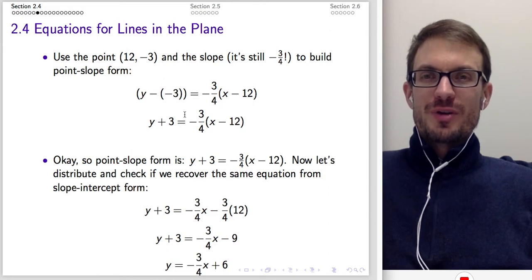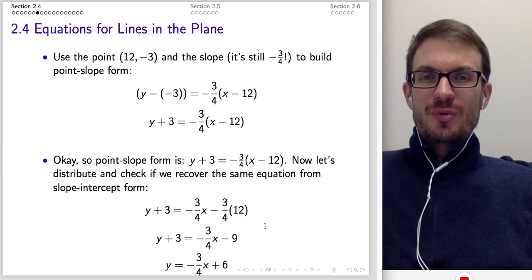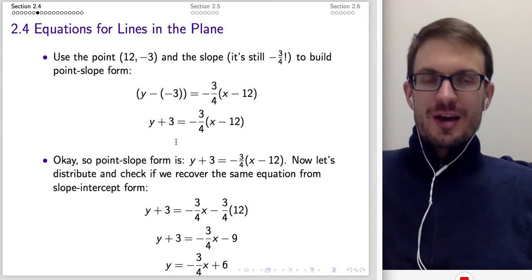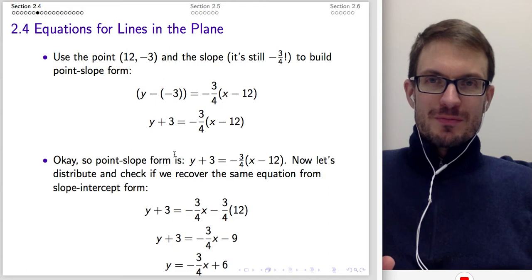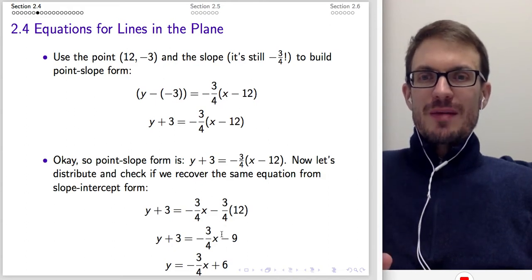So that's not always pretty to look at, and maybe we're interested in seeing if this actually matches what we had earlier. So let's do that. Let's distribute this minus 3/4, and let's move this 3 to the other side and see if we get the same slope-intercept form, y equals mx plus b, that we had before.